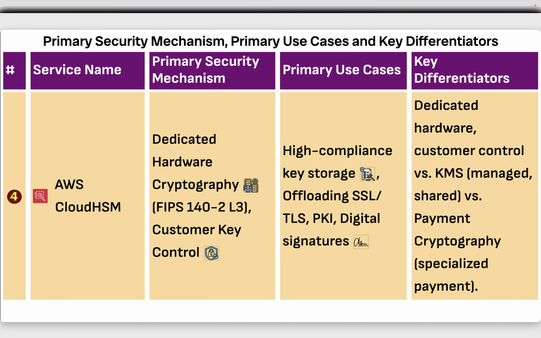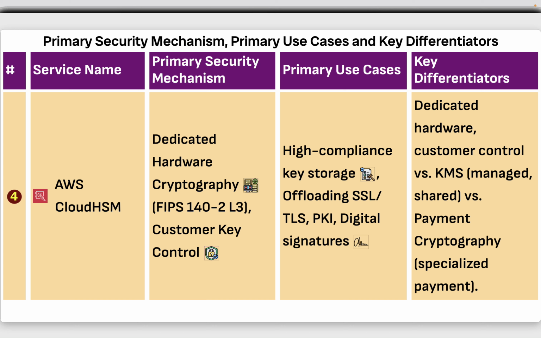Next we have AWS CloudHSM. The primary security mechanism is dedicated hardware cryptography, and there is a standard called FIPS 140-2 Level 3. The second primary security mechanism is customer key control. Primary use cases are high compliance key storage, offloading SSL/TLS, public key infrastructure, and digital signatures.